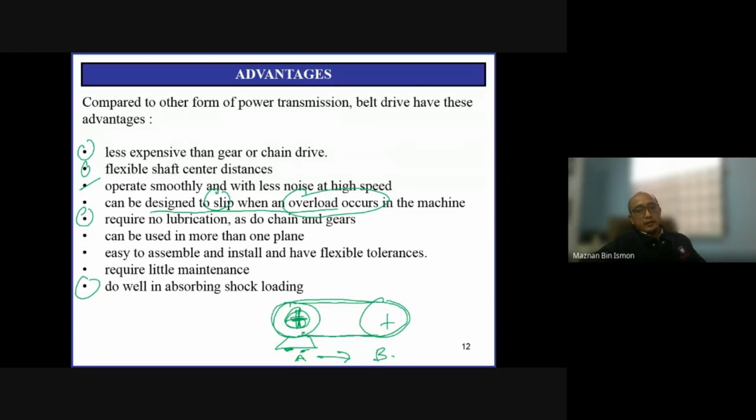Compared to the gear, let's say this first gear vibrates, of course it will transmit to gear B. But if this one is on the same floor, it still vibrates, moving towards the floor. But anyway, since this is rubber, less vibration will be transferred to the other one. Okay.